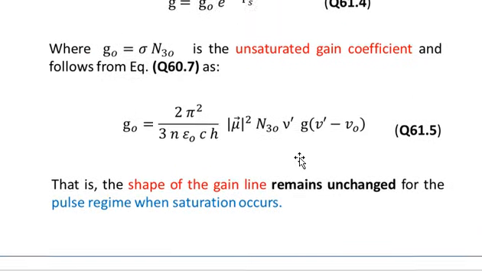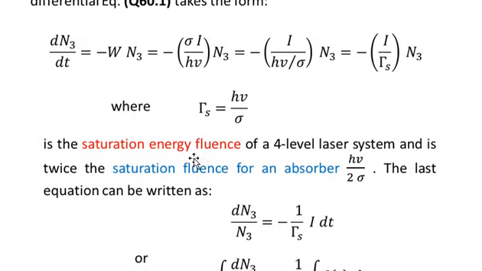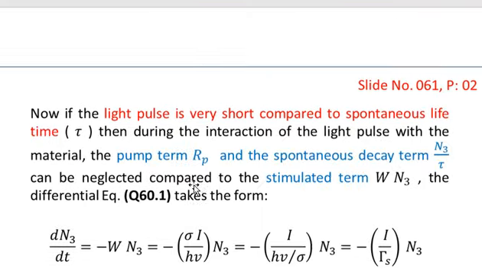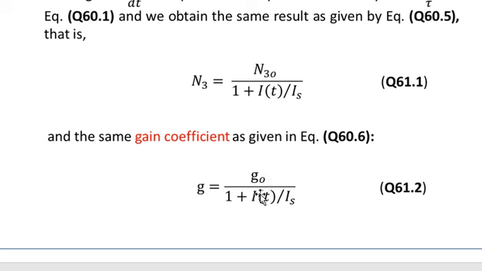So we have explained all the cases: we have calculated the gain coefficient when the pulse duration is very short, as given in equation number 61.4, and when the pulse duration is longer in comparison with the lifetime of level 3, then G is equal to G naught over 1 plus I of t over Is. In both cases, equation number 61.2 is the same as obtained for the case of a continuous beam.